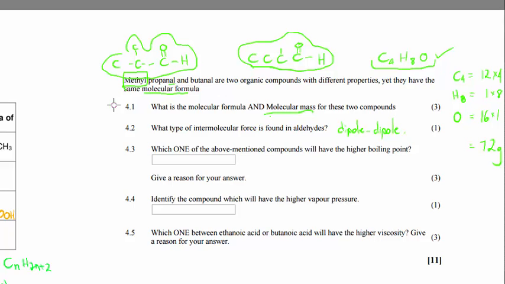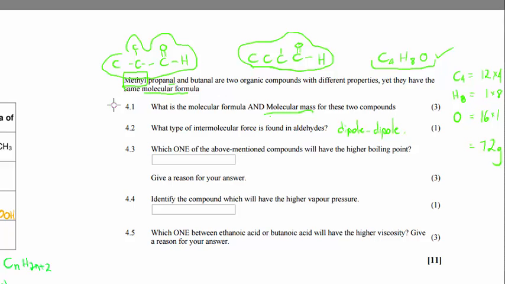So butanol's forces are stronger. They've basically got the same induced dipole forces, but butanol's forces are more effective because its molecules can just go next to each other. Butanol literally looks like this, and here's another butanol, and they just go like that. Sorry, I'm going to go on.